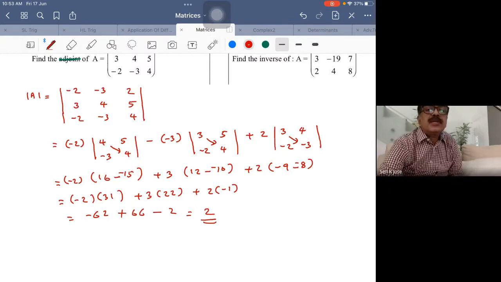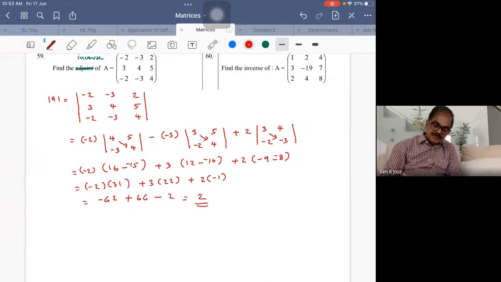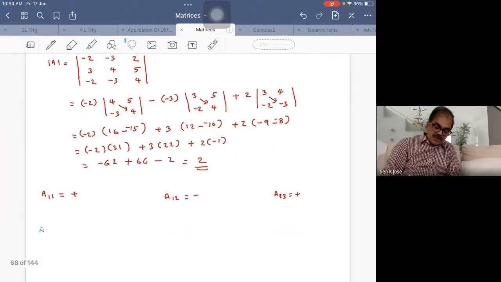So it's just 2 there, and then we go for the adjoint. To find out the adjoint, I'm doing individual cofactors. A11 will be plus of, A12 will be minus of, I need to space it out actually. A13 will be plus of. Maybe I move it a bit this side. Okay. So then I go to A21.